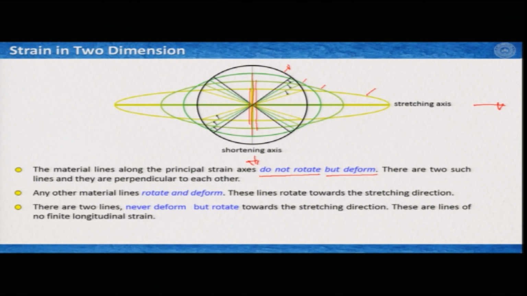In this case, you can see that for this circle it is at 45 degrees, and what happens with progressive deformation is that these lines do not change their length, they still are inscribed as the radius of the circle, but they continuously rotate towards the extension direction. So, in a two-dimensional strain ellipse, you have two lines that never deform but rotate, this one.